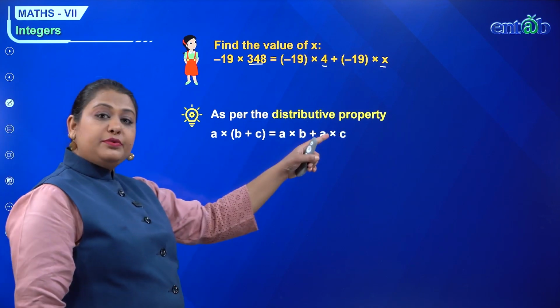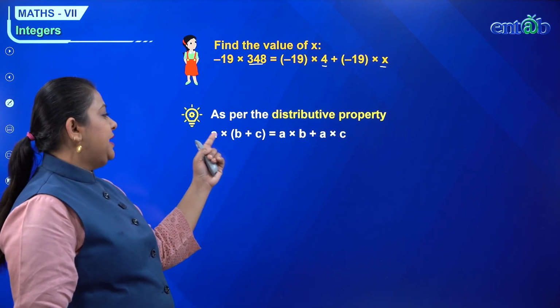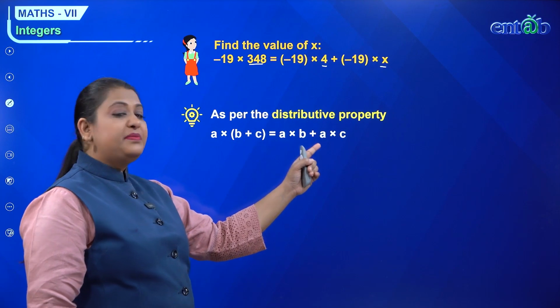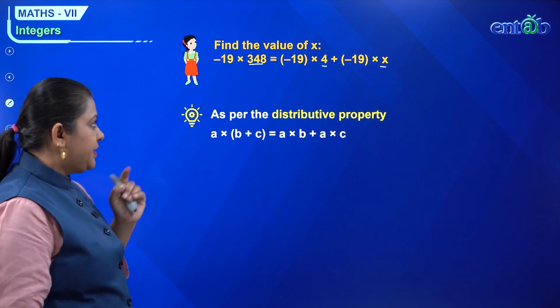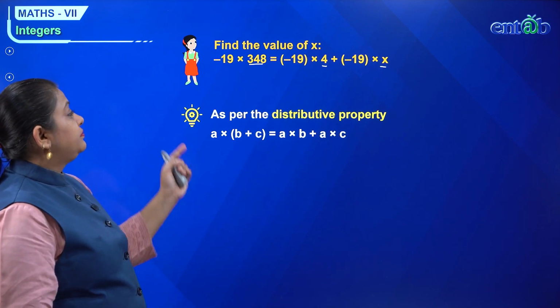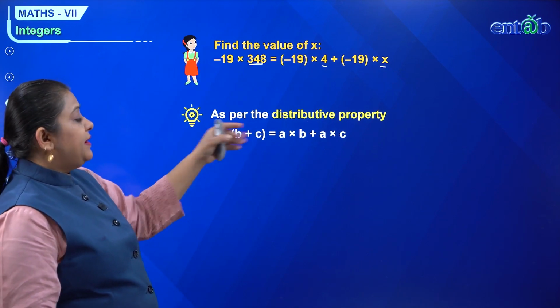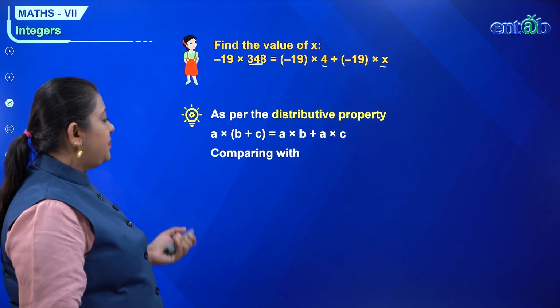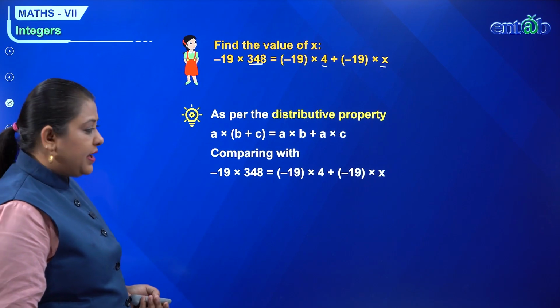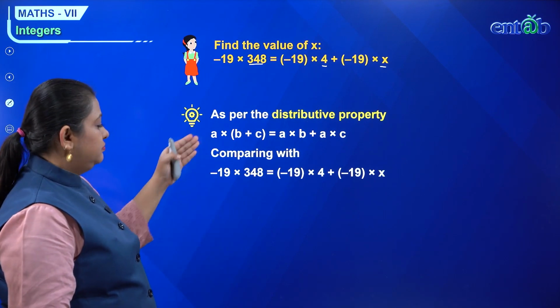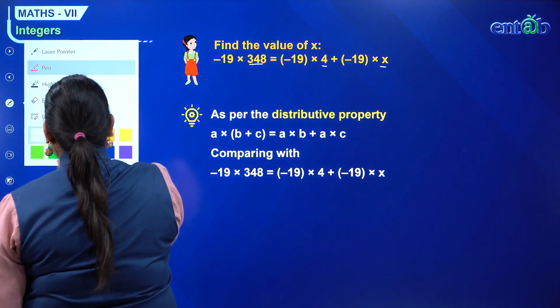As per the distributive property, what does it say? a times (b plus c) is equal to a times b plus a times c, right? Now what is my a? If I compare this distributive property with the given equation we have, what do I get? Let's see.